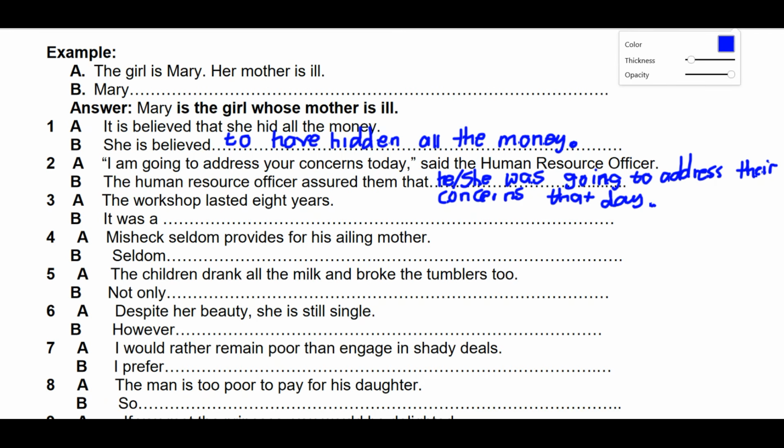We move on to number 3. The workshop lasted, so this should be 8 days. How do you connect if it was this?